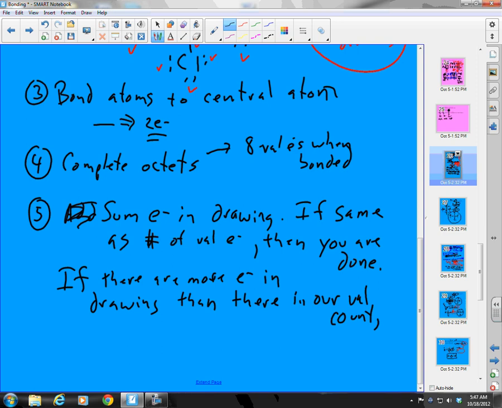What do we do? We have to start over. That's why I said we should use a pencil sometimes. Start over and use double bonds or triple bonds as needed.